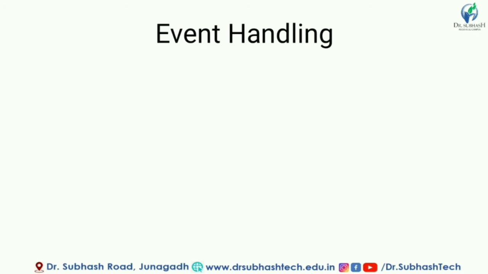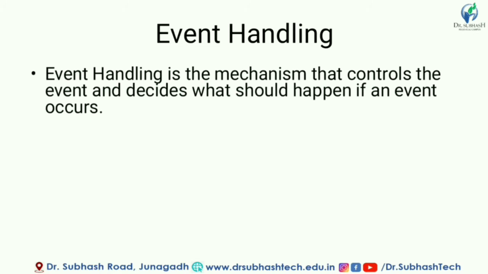So let us see the definition of event handling. It is the mechanism that controls the event and decides what should happen if an event occurs. In this mechanism, we define what actions should be taken for handling the event.